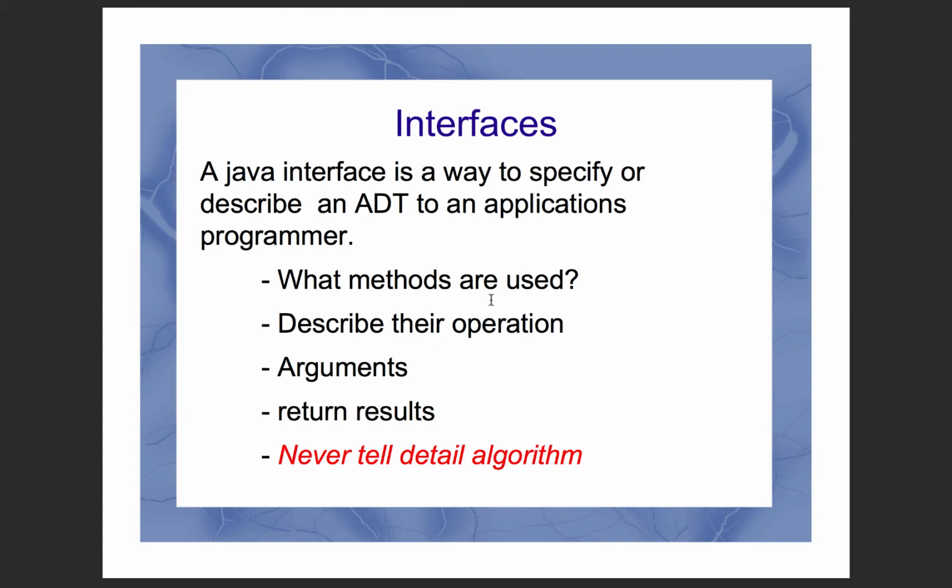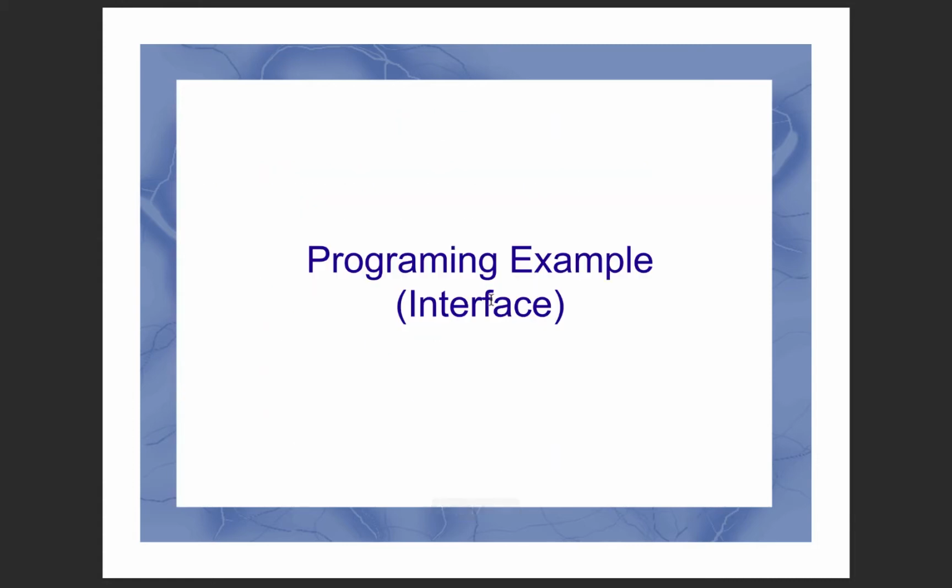So you create an interface, which is an abstract data type, that says some logical model of the data structures. For example, it will tell about the data members and the methods, but it will never tell about the implementations. Let's see one interface example.